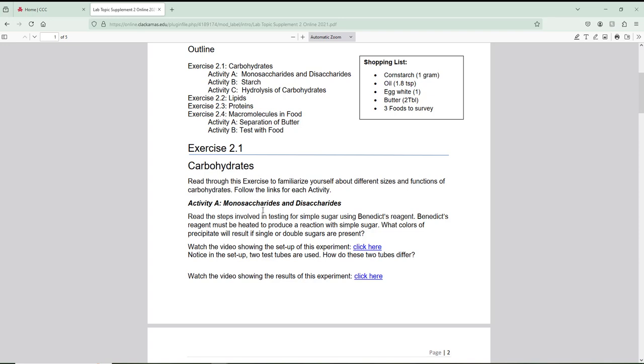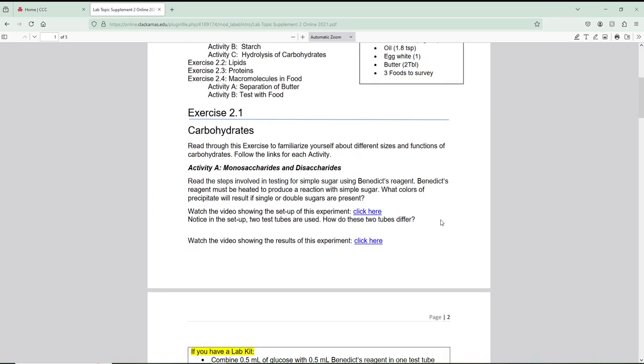For example, if you open up the lab manual, it'll go through carbohydrates first with exercise 2.1 activity A. So you'll read through the part of the lab manual under activity A, but instead of actually doing the experiment, because you don't have the equipment, you'll watch the video instead. You'll still answer the questions.